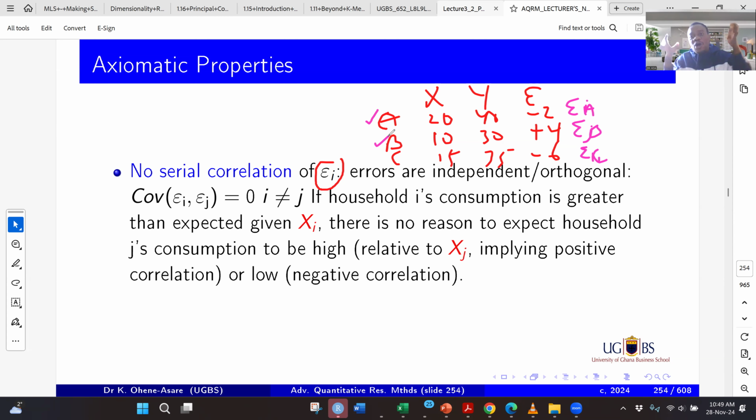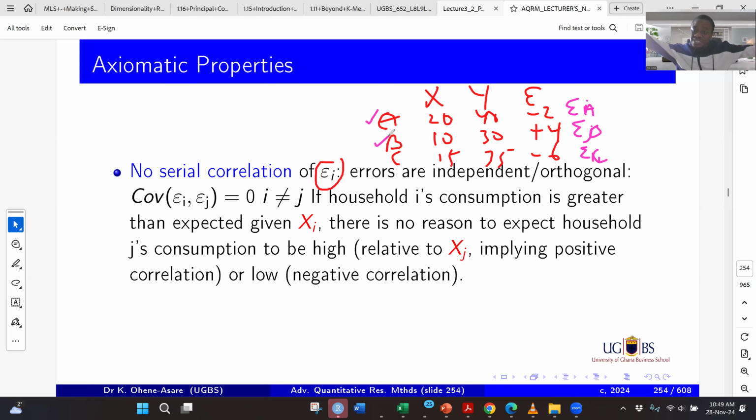They must be uncorrelated. They must be orthogonal. The word orthogonal means that they are not correlated. Whilst one is going here, the other is going here. When I draw a perpendicular line, you see how a perpendicular line looks. Whilst one is going horizontal, the other is going vertical. That is orthogonal. Unrelated at all. One is going a horizontal pathway, another is going a vertical path.